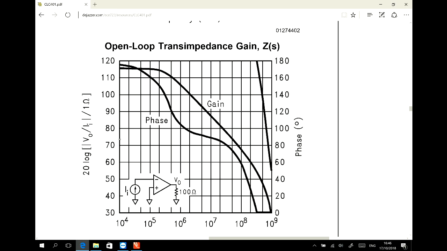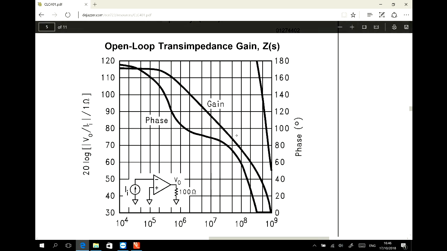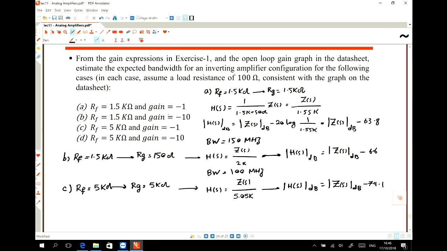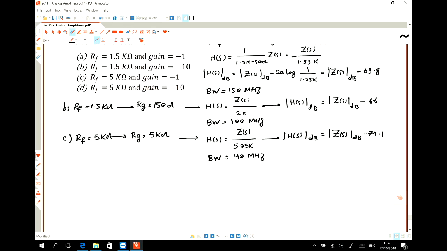So 74 is about here, and then it's around 40 megahertz, for example. So the bandwidth equals 40 megahertz.